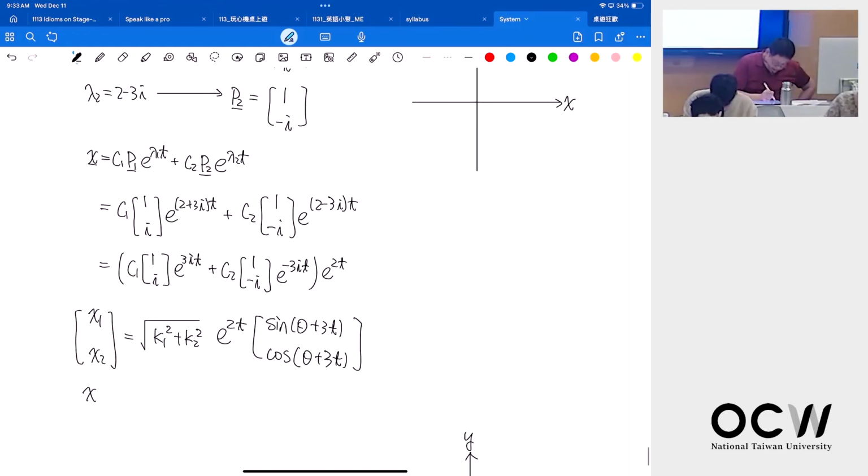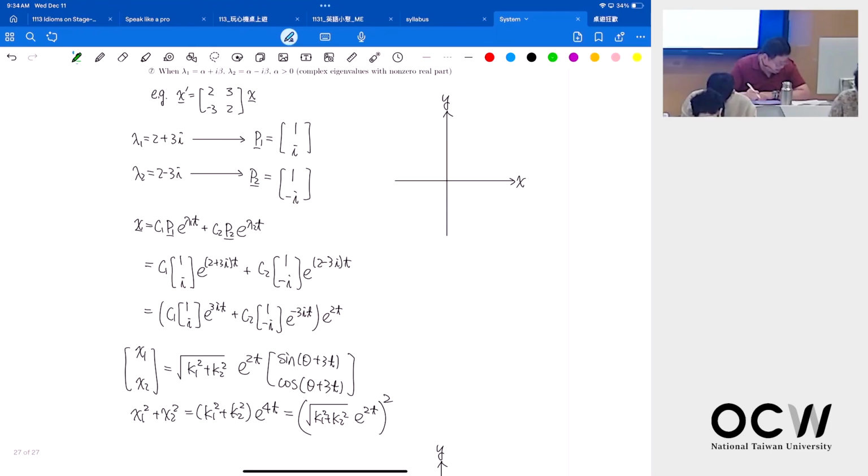And x1 squared plus x2 squared is k1 squared plus k2 squared e to the 4t. So it is k1 squared plus k2 squared e to the 2t, the perfect square.